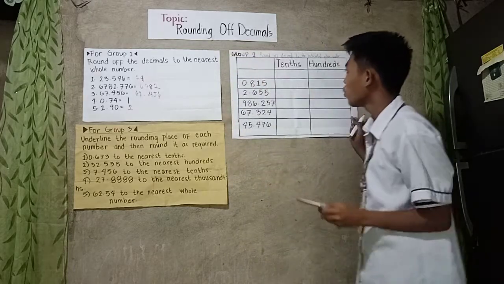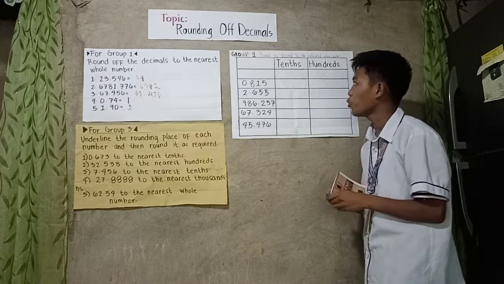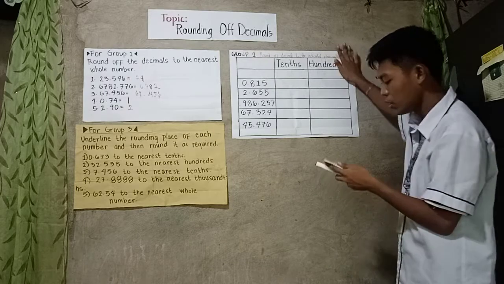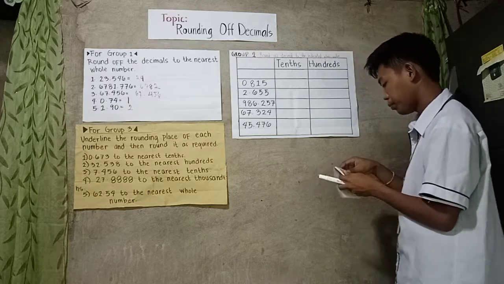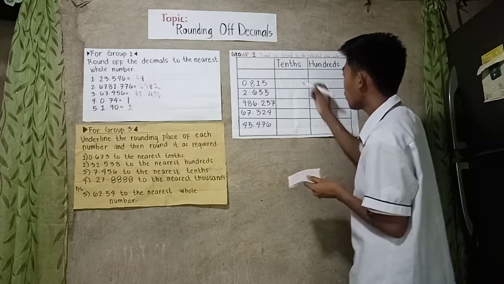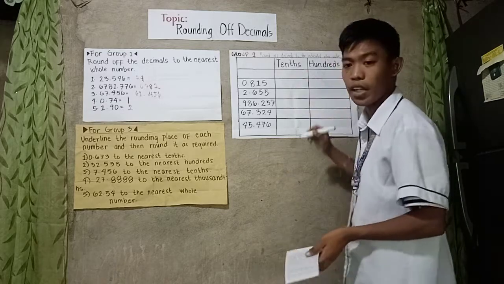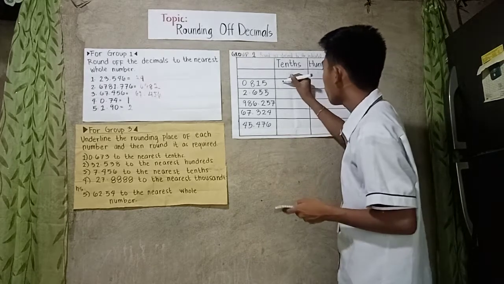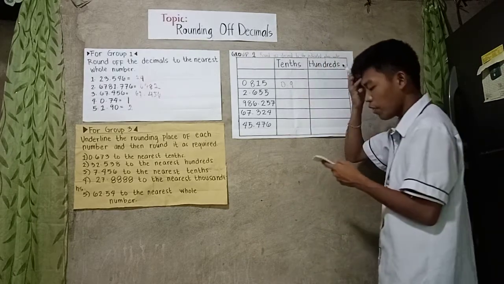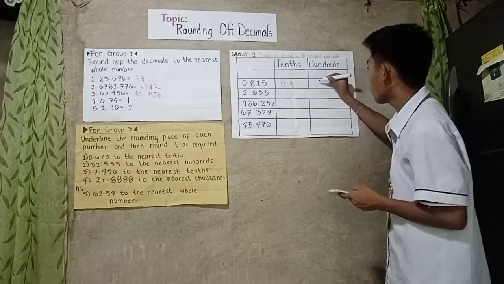So for group 2, as I've said earlier, you are to round off decimals to the indicated place value. So let's check your answer for this. For the tens, 0.815 will become 0.9. And for hundreds, it will become 0.82.